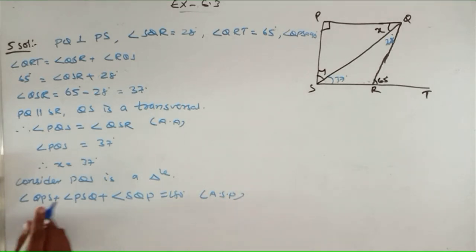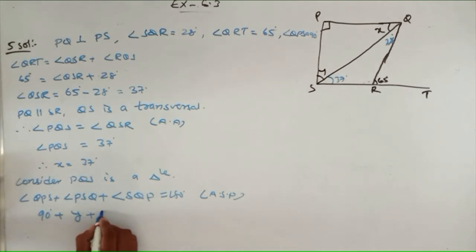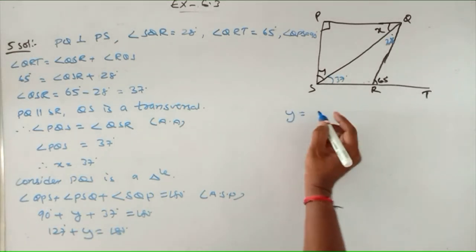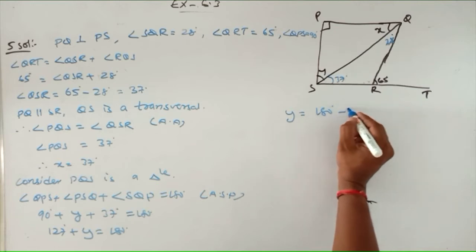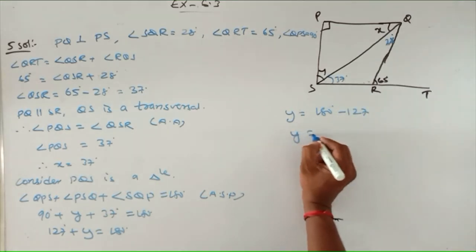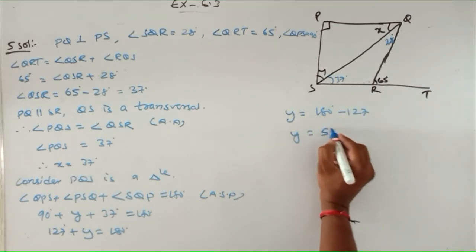That is, QPS is 90 degrees, perpendicular line means 90 degrees, plus PSQ is Y plus 37 degrees is equal to 180. 90 plus 37 is 127 degrees plus Y is equal to 180. Now here Y is equal to 180 minus 127. Y is equal to 53 degrees.